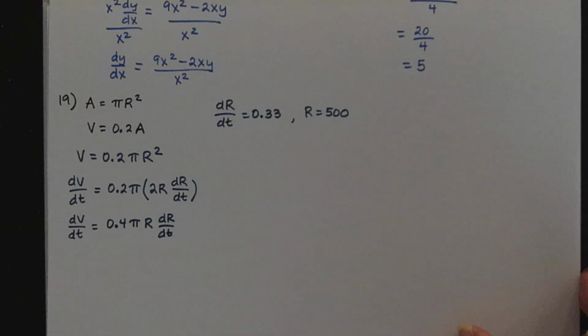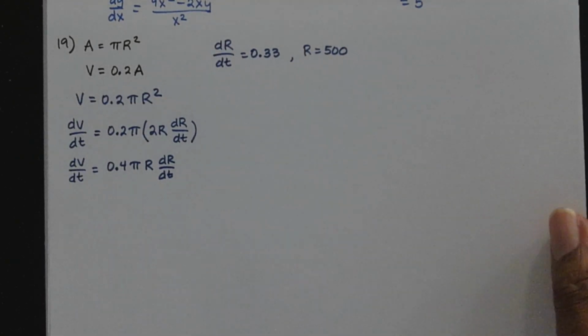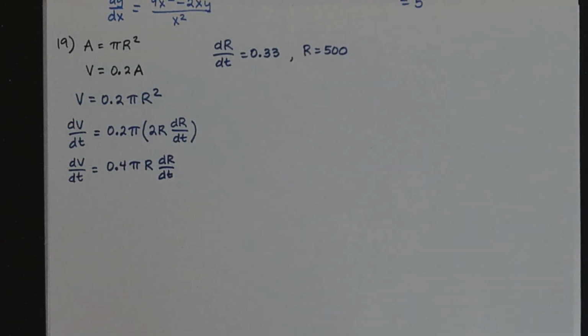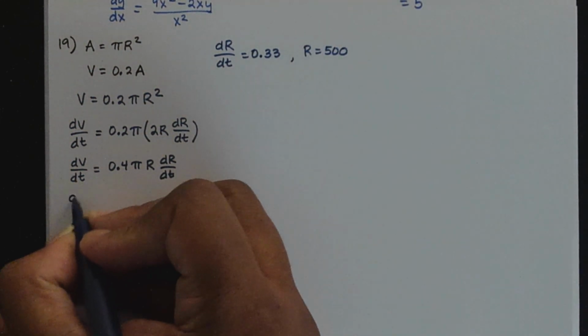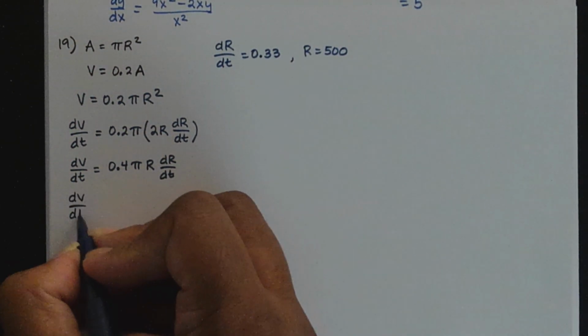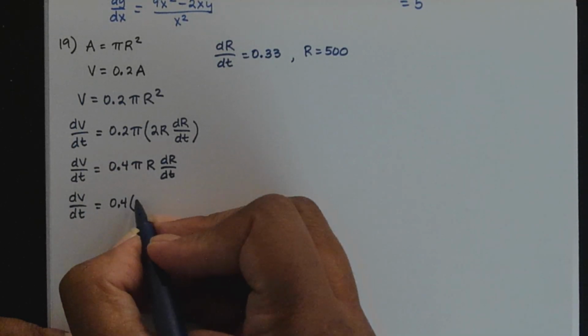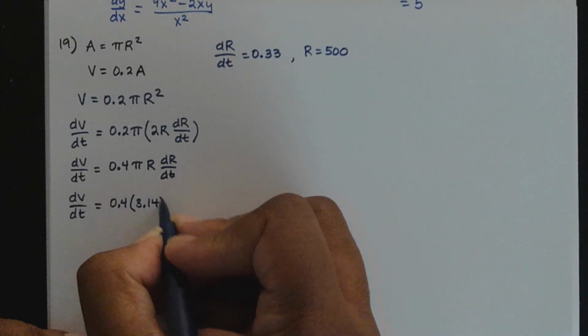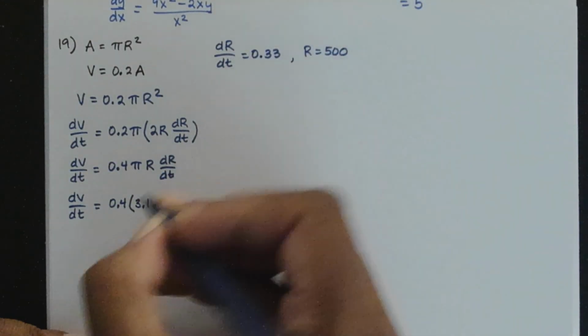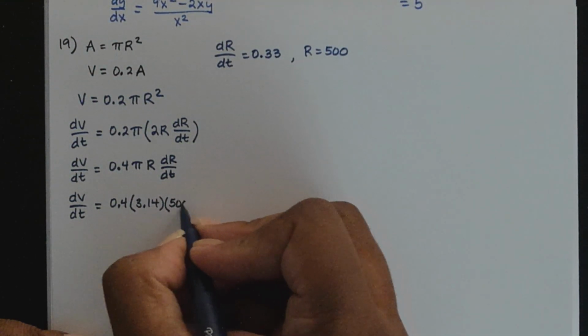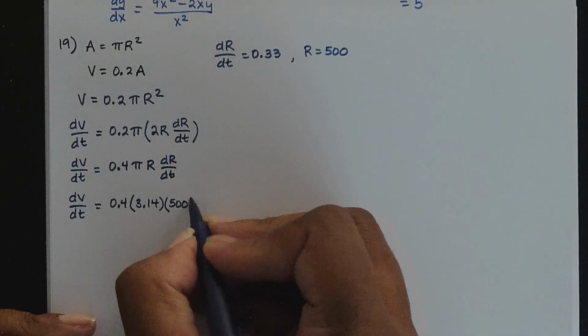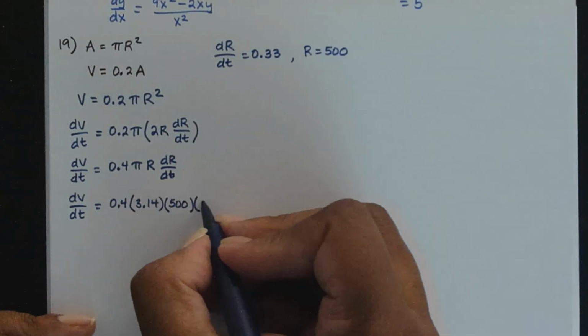Just want to make sure I had this right. Now we're finding dV/dt. So dV/dt is this, 0.4, and I'm going to replace the pi with 3.14. The radius, of course, is 500 feet, and dr/dt is 0.33.